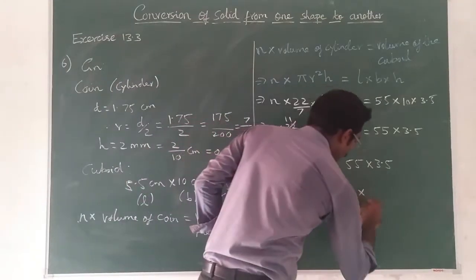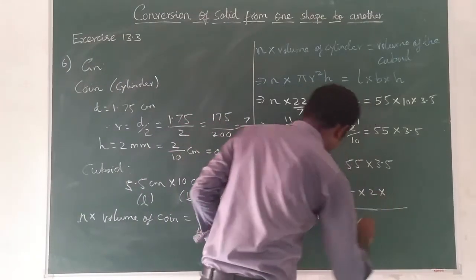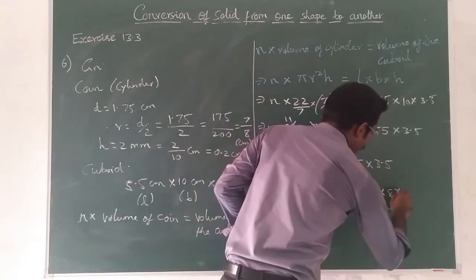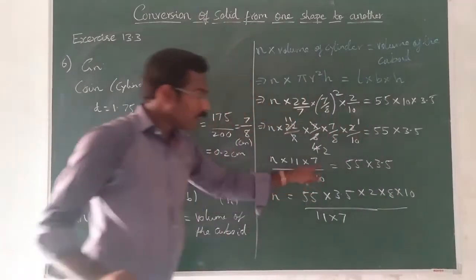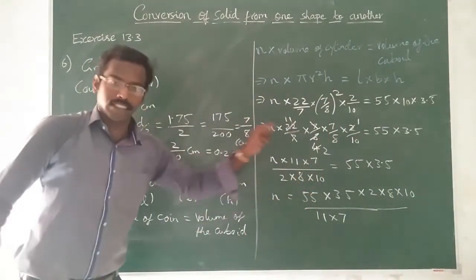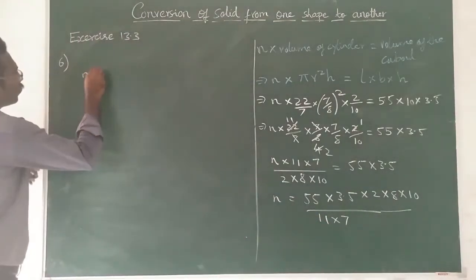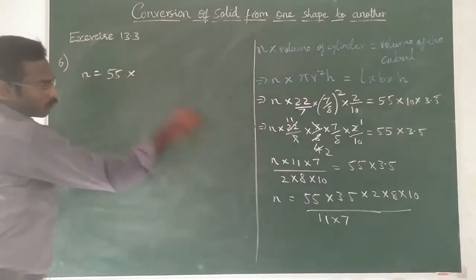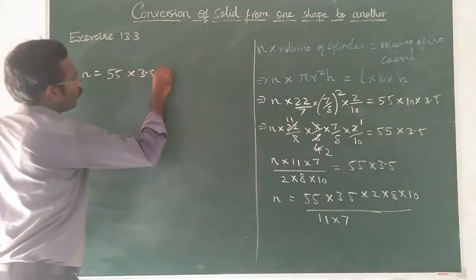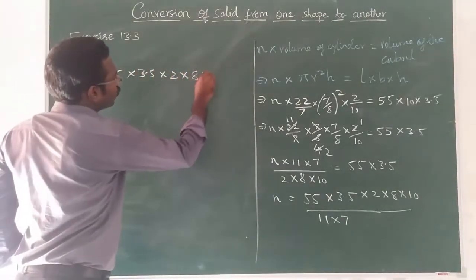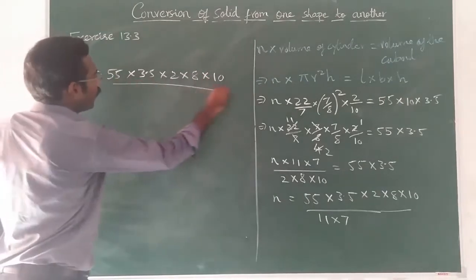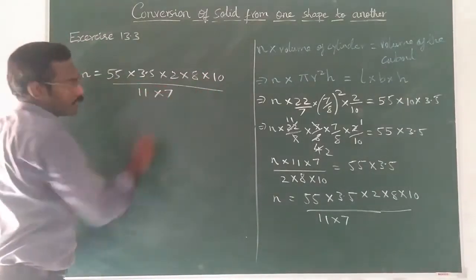So into 2 into 8 into 10. Okay, so if you simplify it, you will get the answer. Let us simplify this now. So n is equal to 55 into 3.5 into 2 into 8 into 10 divided by 11 into 7.